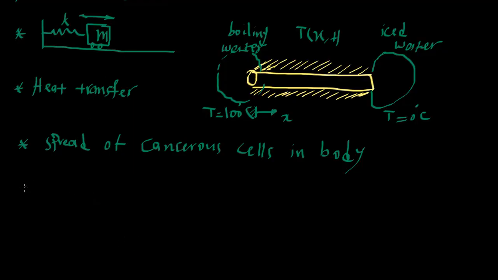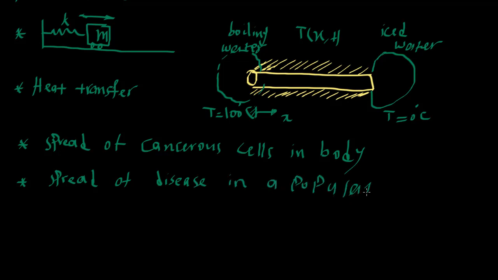Another example would be these days that we have the pandemic. The spread of a disease in a population is also a dynamical system. We are hearing a lot about this these days, that the curve is going up, going down, or flat, the curve is flattening.